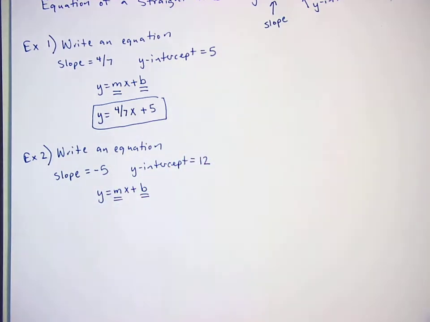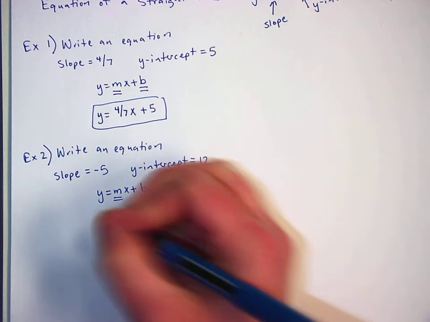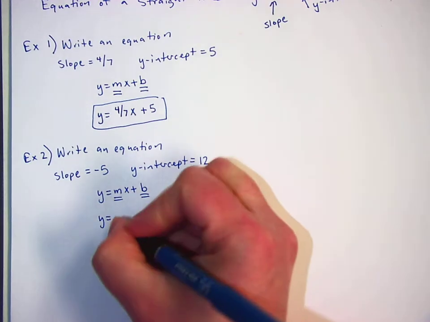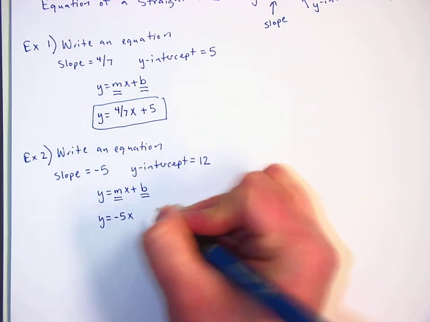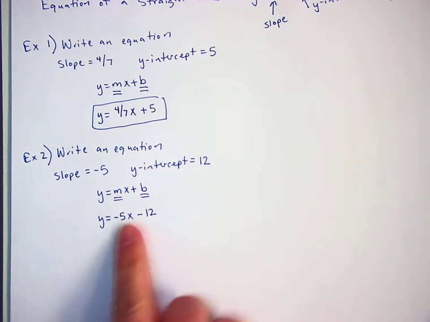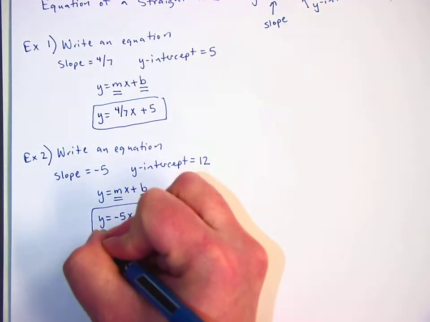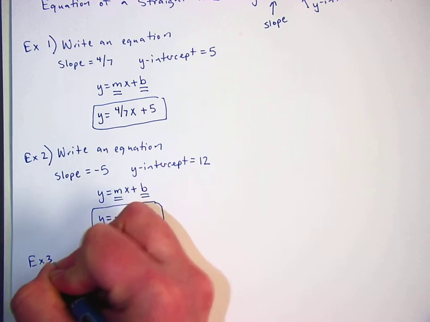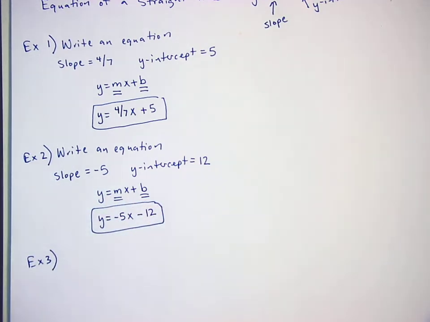Try the problem yourself. All right, assuming that you've already tried it, I'm going to write it in. Should look like this. You could have a plus, a -12 here, or just -12. Either one works. All right, next one.